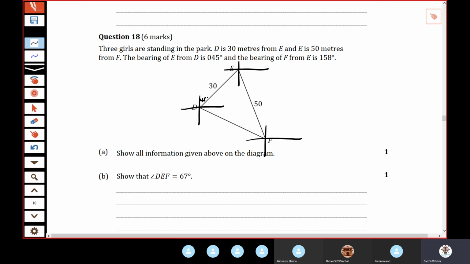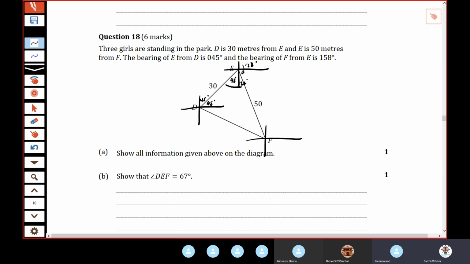Okay, once I know that's 45, I also stop and I just do a bunch of stuff. That's what I said to you guys. It's good to get used to that. You know, that's 45. That's all you know so far. The bearing of F from E is 158. Again, you know that bit there is 158, which means you now know this bit here is 180 minus 158, which gives you 22 degrees.